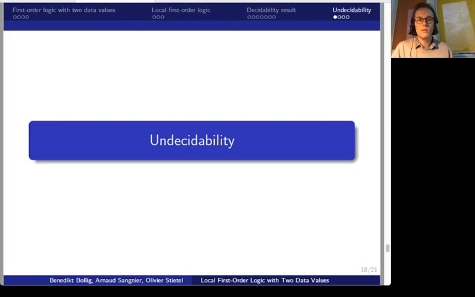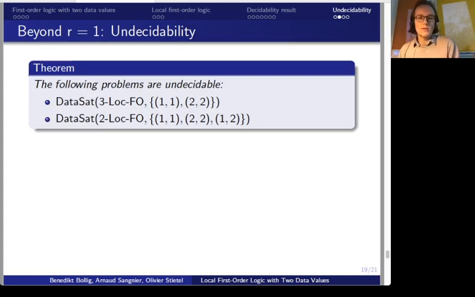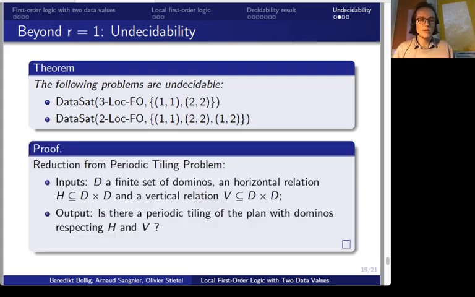So now we'll look at the undecidability part. With radius 3 and no diagonal relation it is undecidable, and with radius 2 and just one diagonal relation it is undecidable too. The main tool used is a reduction from the periodic tiling problem. The problem is as follows.